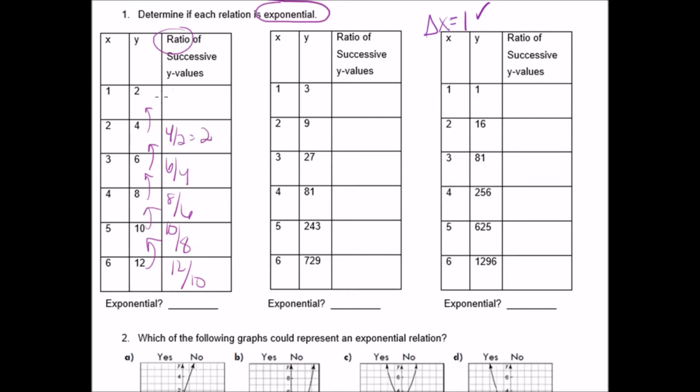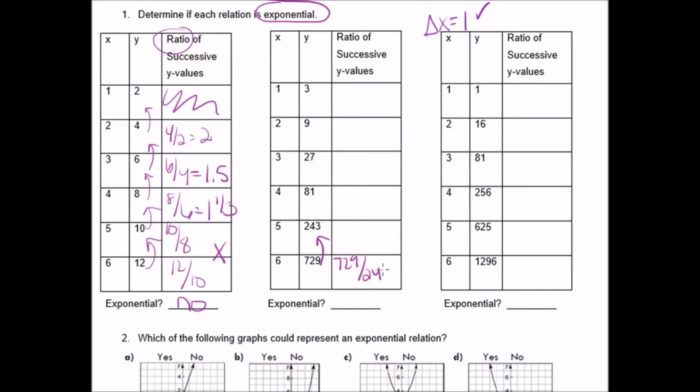Well, that's obviously 2. Then 6 divided by 4 is 1.5. You can do this the entire way down. 8 divided by 6 is 1 1/3. But as soon as they're not constant, I don't even care. They're not exponential.